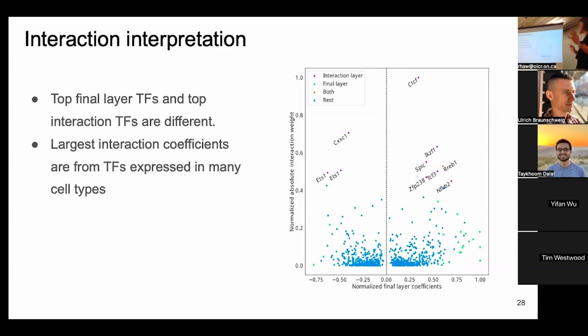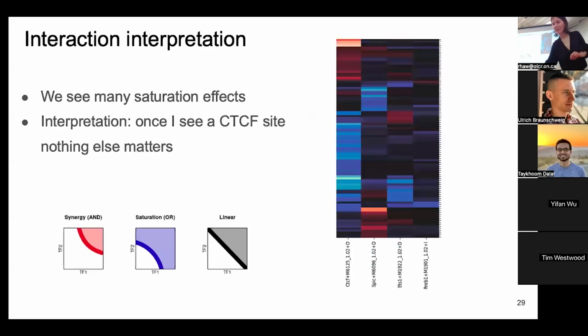And the thing to note is, yes, they're actually quite different. In particular, the things that are highly interactive tend to be, not 100%, but they tend to be transcription factors that, if you look at their expression, are not particularly specific, possibly not at all specific, with CTCF being the most interacting transcription factor. That is a housekeeping gene that all cells have. Okay. And so there's a general trend in where the different transcription factors would appear.